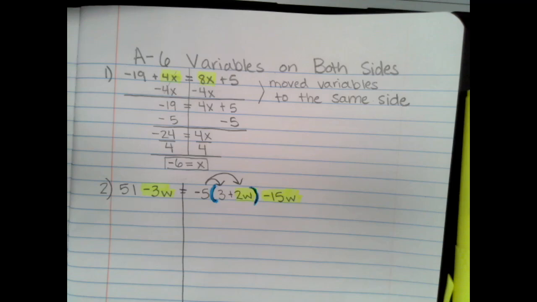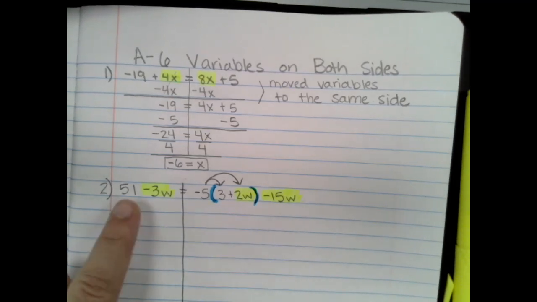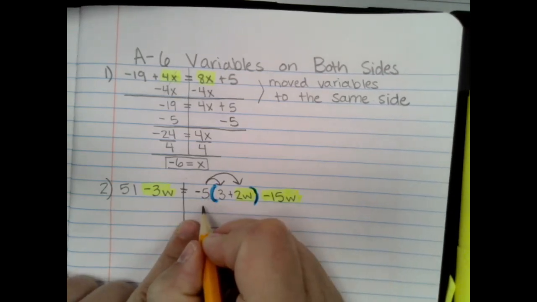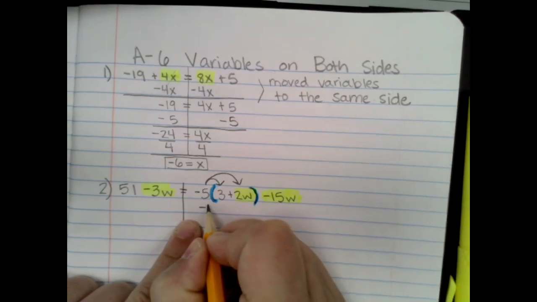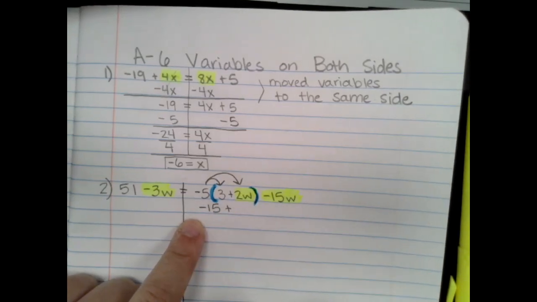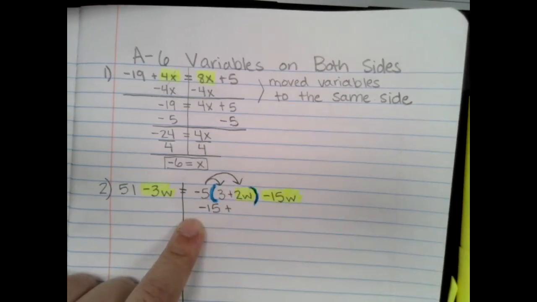If that's something you need to do, you can. What's negative 5 times 3? Negative 15. Negative 5 times 2. Negative 10.